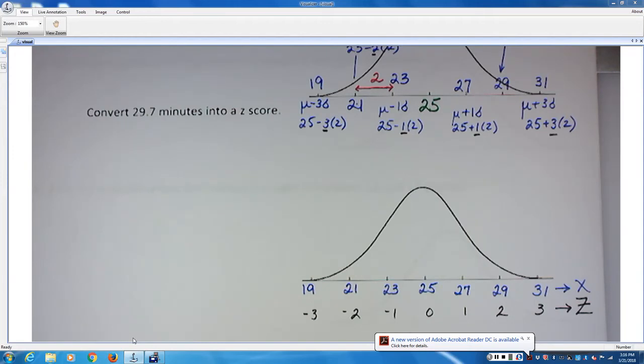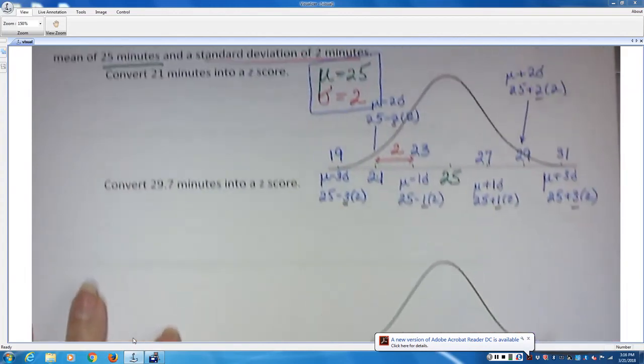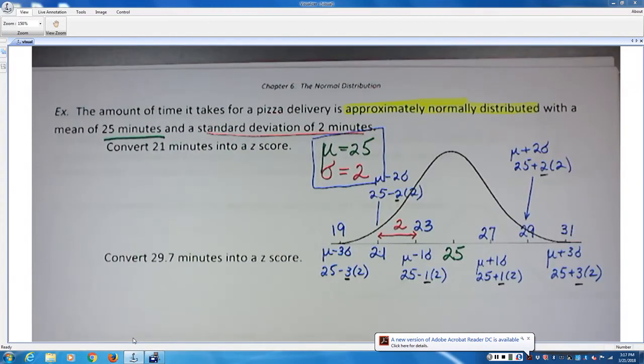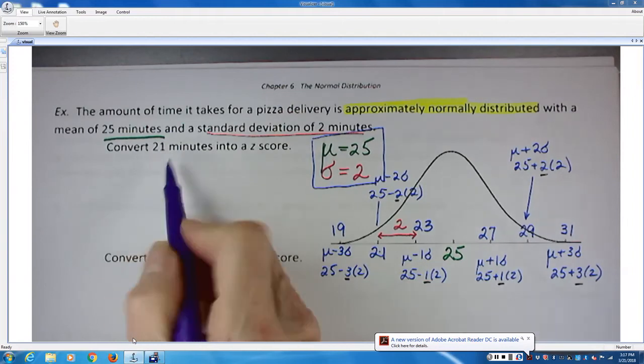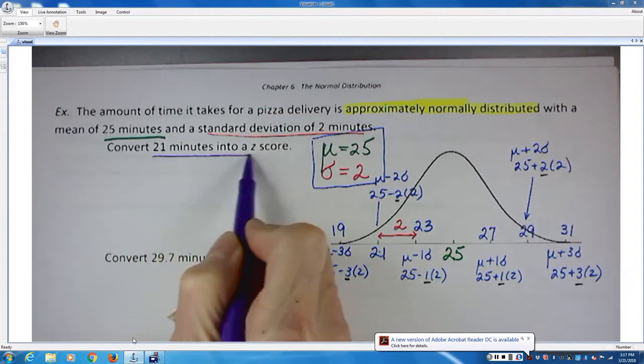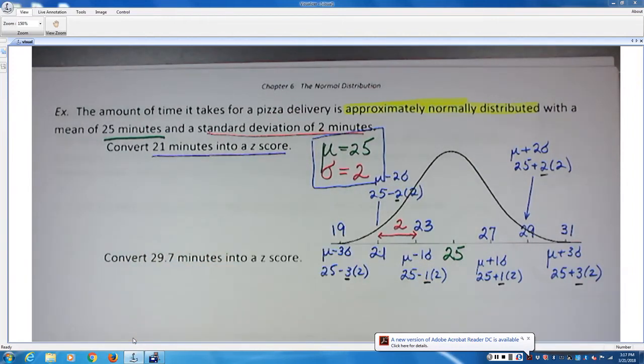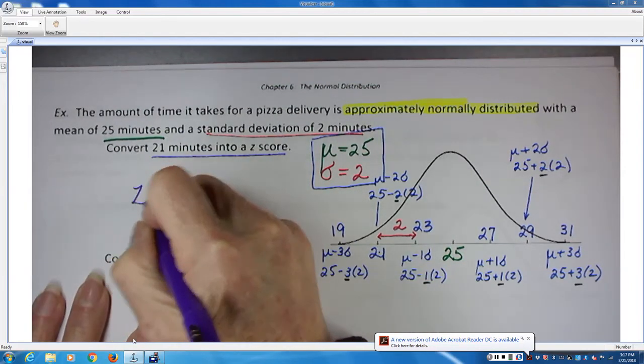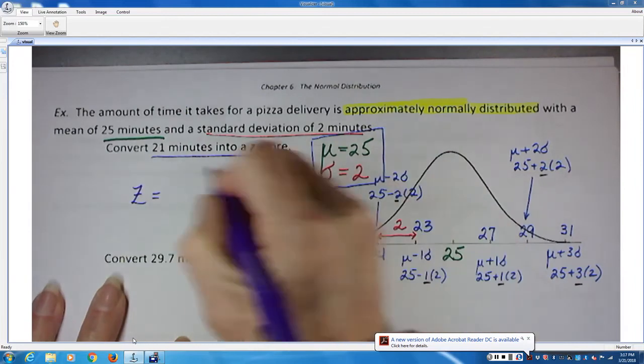So the first question they ask us is to convert 21 minutes into a z-score. Which is maybe 2.